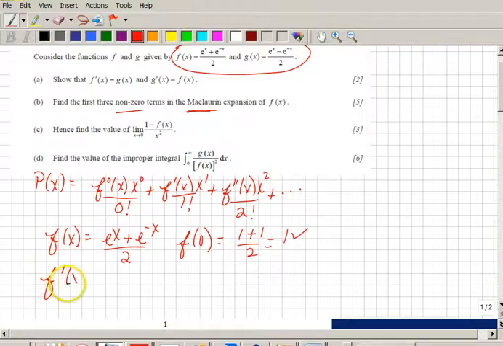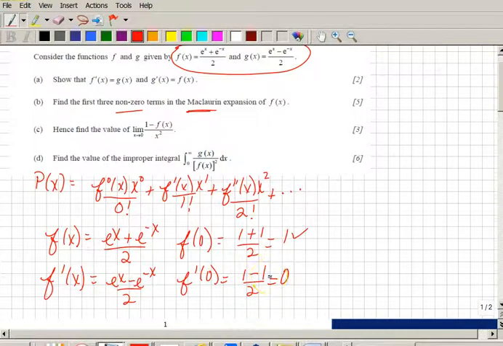Okay, taking the first derivative, well, we already know that the first derivative, we just proved it, of f of x is equal to g of x, so it's e to the x minus e to the negative x over 2. Plugging in 0 into that, f prime of 0 is 1 minus 1 over 2, and that's equal to 0. So there's that 0 term, so we're not going to be able to use that one.